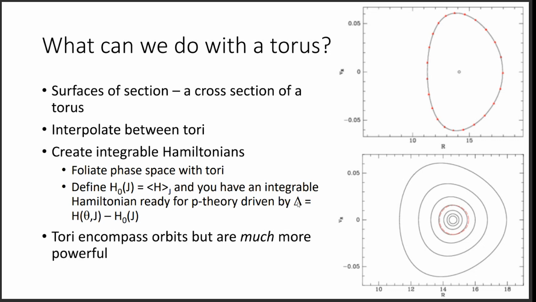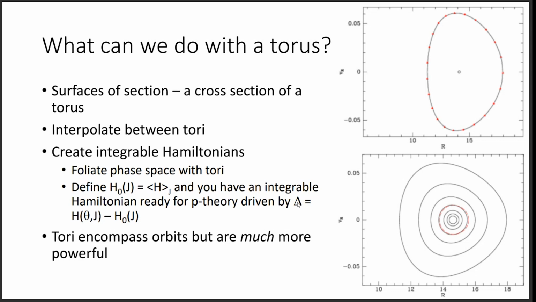What I think is extremely important is you can interpolate between tori, and this diagram down here is to illustrate the point. Each of these black curves is a surface of section just like this, right? So this is a cross section through a torus.